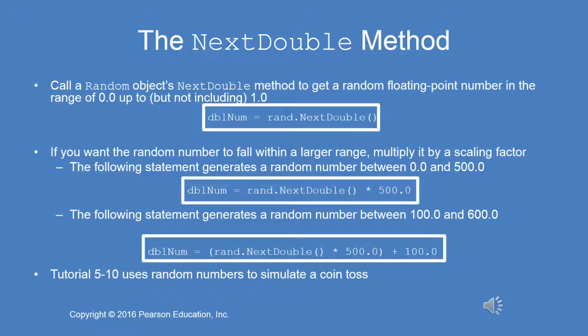So it will be 0 up to 499.99999, etc. If you want to shift the random floating point number to between 100 and 600, you would multiply it times 500 and then add 100 to shift it, just like we shifted the integer next random number. Once again, take a look at tutorial 5-10. I have that running in the timeline for this session.